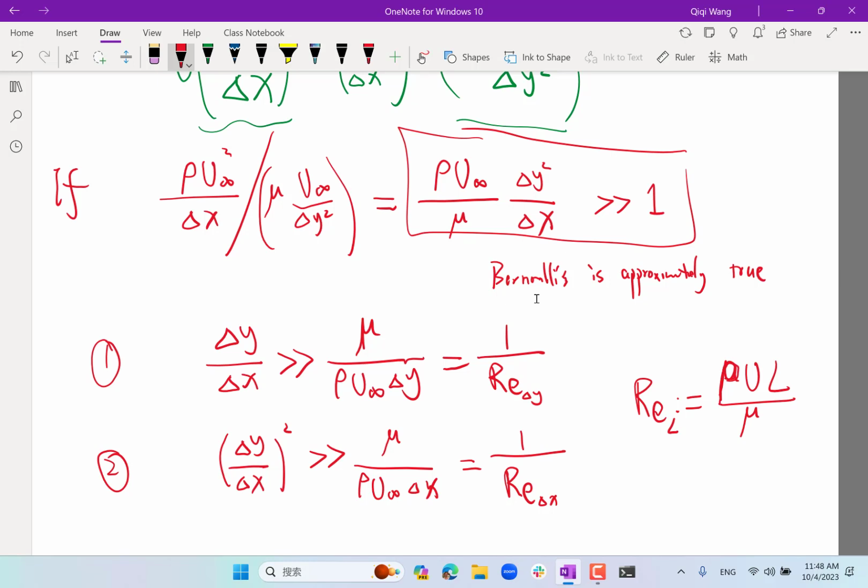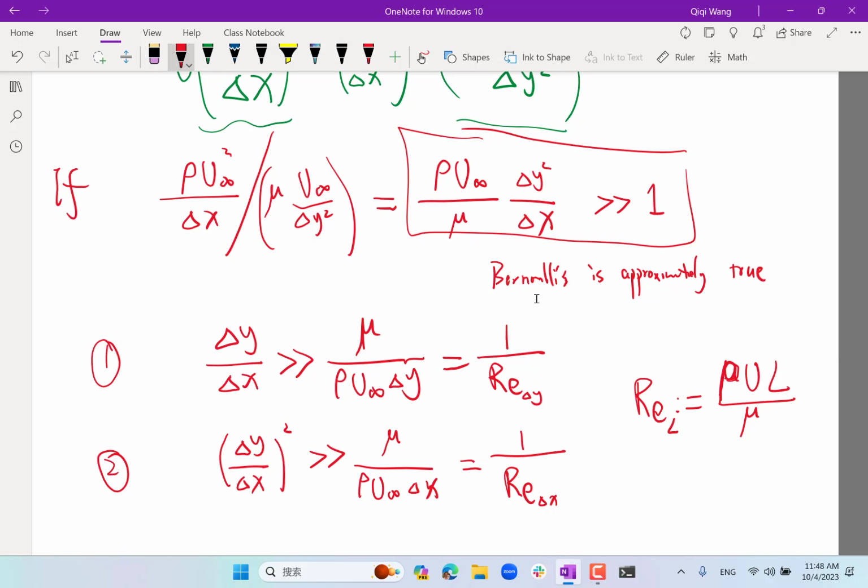And if you choose different characteristic lengths, you get different Reynolds numbers. Okay. And in particular, the second equation is very useful because we usually have a good characteristic. So we usually don't know, right? In the beginning, let's say we only have an airfoil, a wing. We don't know what is the thickness of the boundary layer yet, right? So it's better to use this equation.